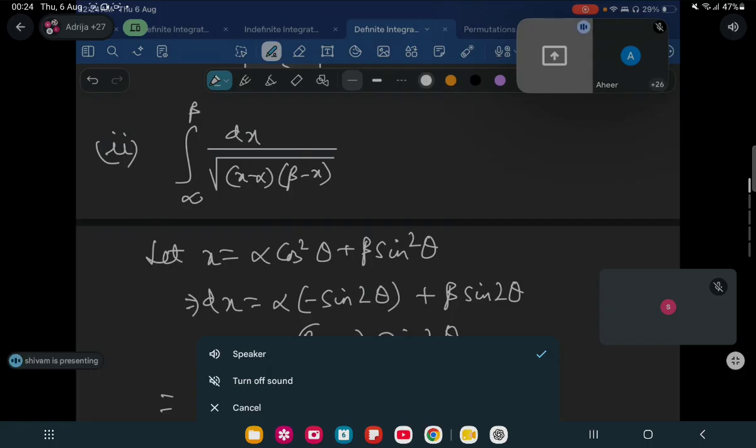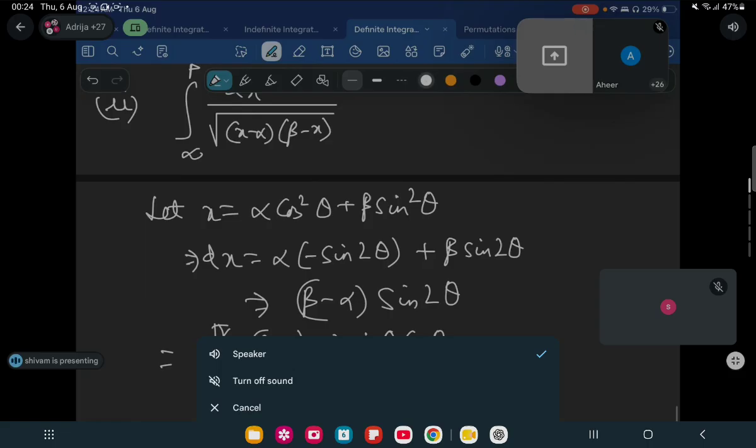So dx is equal to beta minus alpha into sine 2 theta, or you can write 2 sine theta cos theta, divided by root over x minus alpha into x minus beta. Now x minus alpha will become alpha into cos square theta minus 1, so minus alpha sine square theta, that is beta minus alpha into sine square theta.